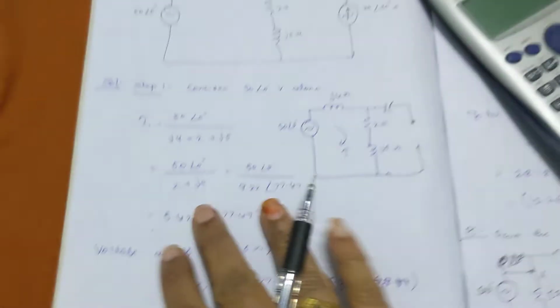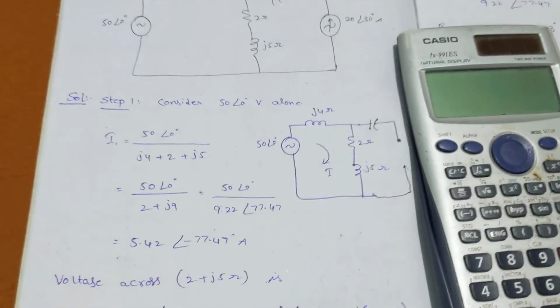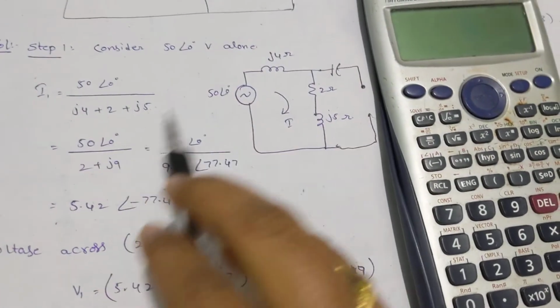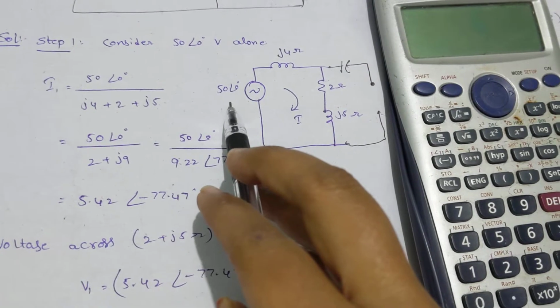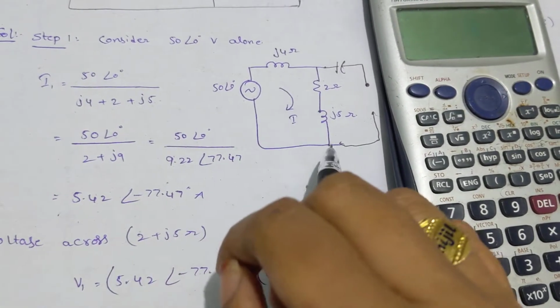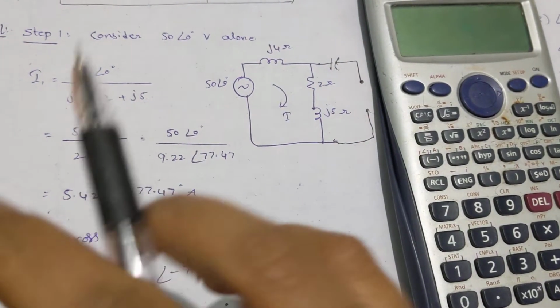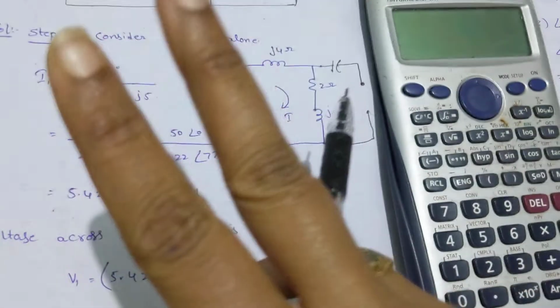From here onwards, the main usage of your calci should be known to you. In the numerator, the voltage is 50 angle 0, and in the denominator, the impedance is in rectangular format, 2 plus J9. Here I am going to show two methods.